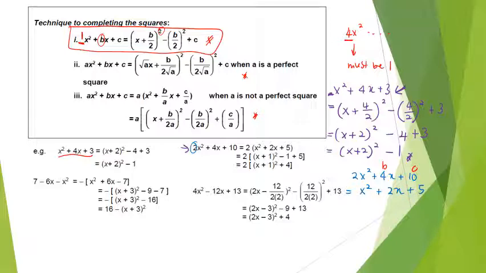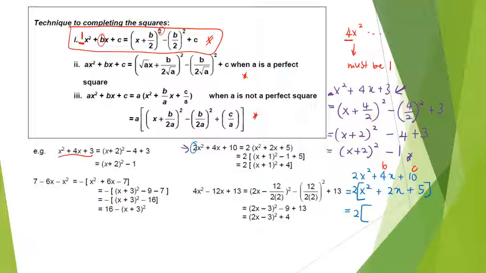Bahagi dengan 2, 2 tu tak hilang, 2 duduk kat mana? Duduk kat luar ni. Kita factorize lah 2 tu keluar sebab kita nak jadikan coefficient for x square is 1. And 2 ni remain je. Yang kita nak completing the square yang dalam bracket.